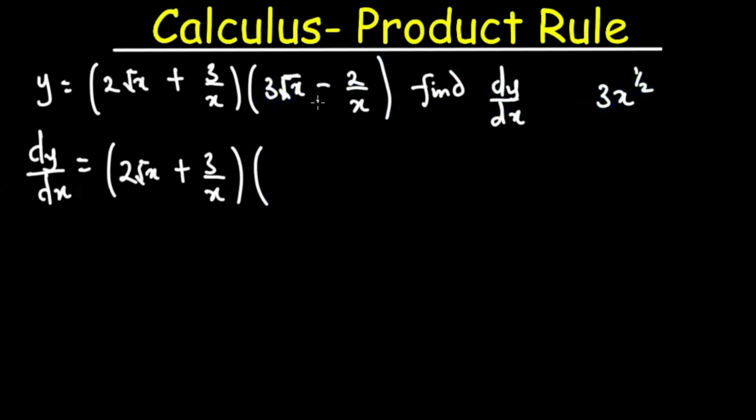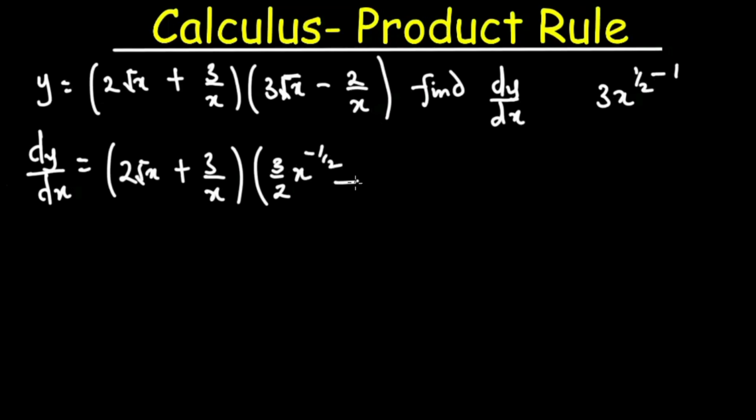The square root of a number is the same as the number raised to power half. So when we differentiate 3 root x, we have 3x raised to power 1 over 2. So 1 over 2 times 3, power times coefficient, will be 3 over 2. And then we have x raised to power half minus 1. Half minus 1 is minus half.